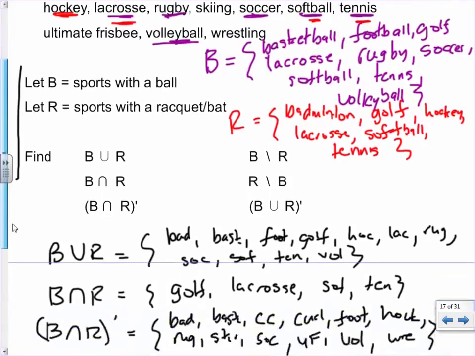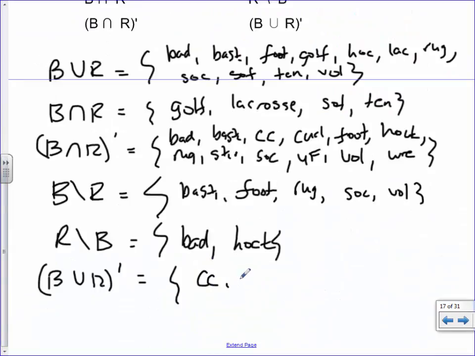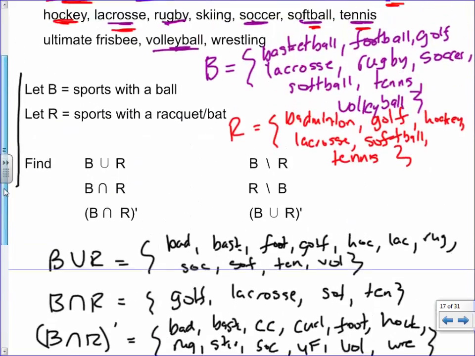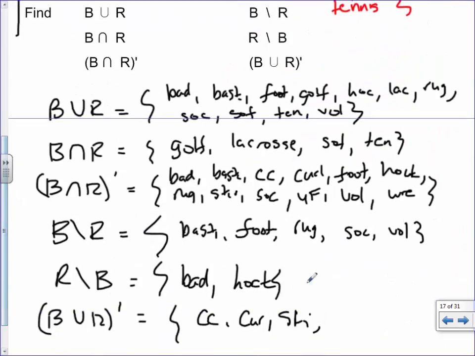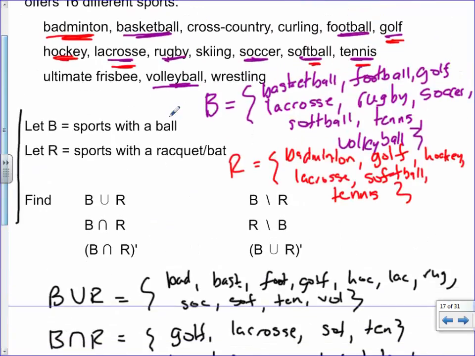So that would have been cross country and curling, skiing, frisbee and wrestling. Cross country, curling, skiing, frisbee, wrestling, right? Because those are the ones that I didn't highlight, right? This one, that one, that one, that one.